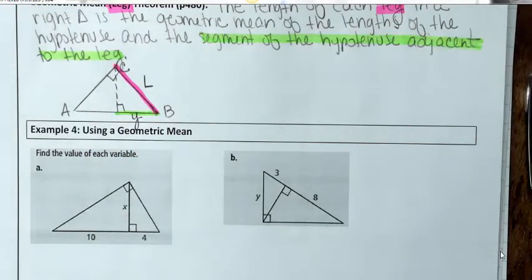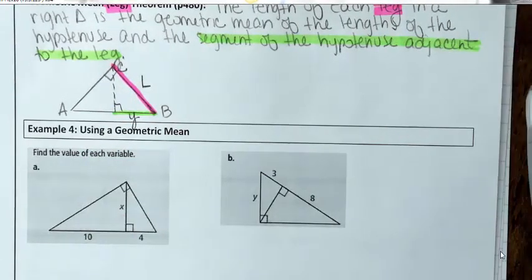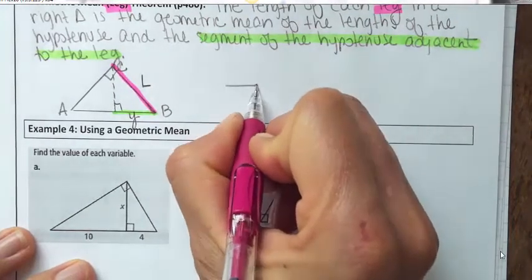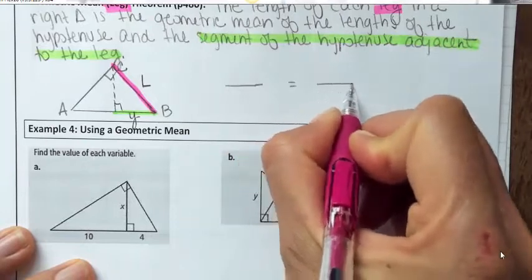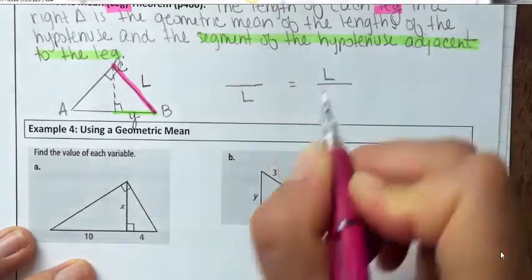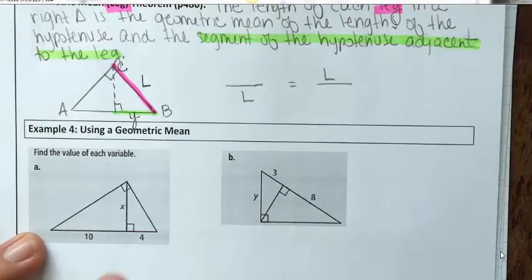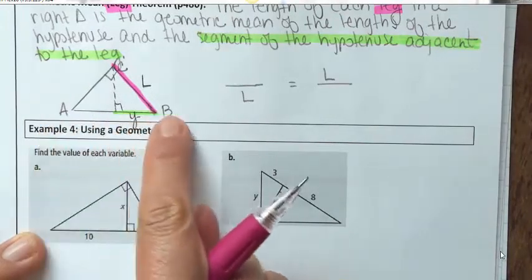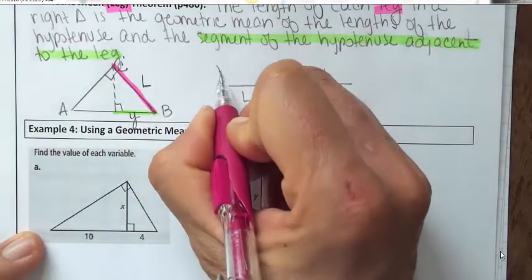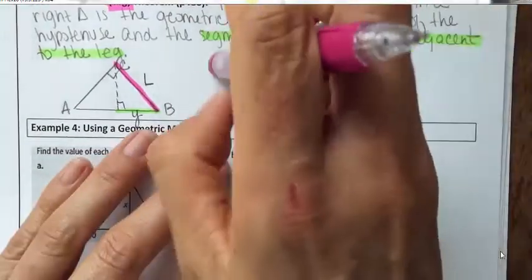And it's the geometric mean. So the leg that I'm talking about is going to go in the middle. We'll call that L. The leg that I care about, you can name it whatever you want. Okay? And then we're going to have the entire hypotenuse. So our entire hypotenuse goes up here. Oops, gotta spell it right.